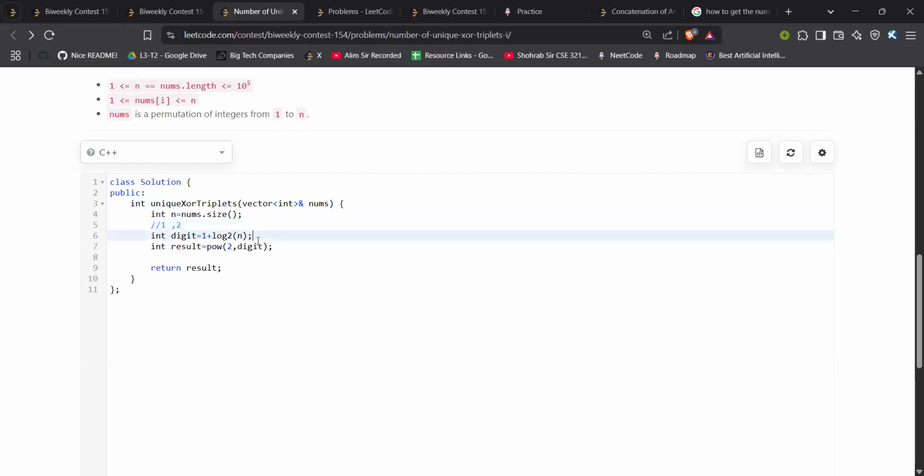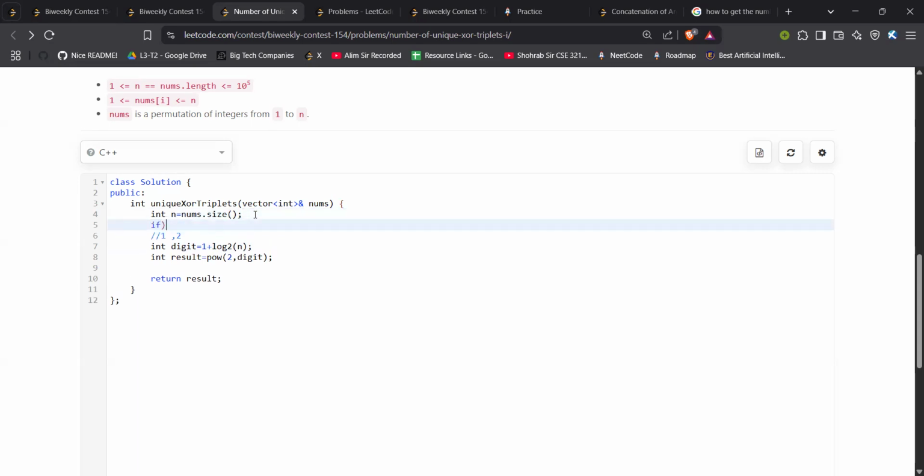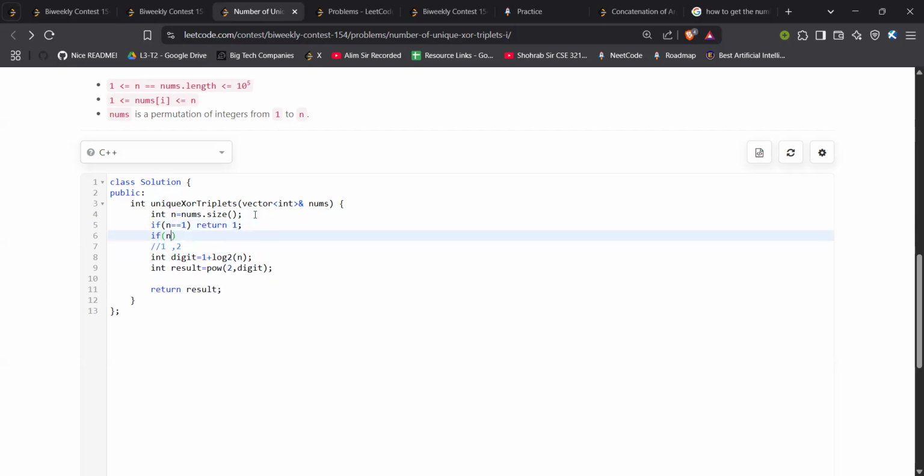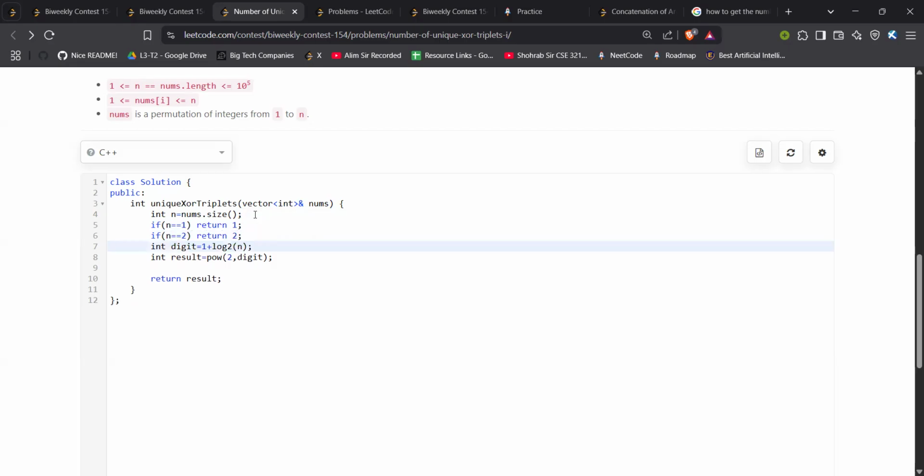So basically, if n equals 1 or 2, these are exceptional cases. For the other cases, when n equals 3, we get all of 0, 1, 2, 3. And for 4, we get all 0 to 7. So that's why for 8, we'll get from 0 to 15. So the rest follows.